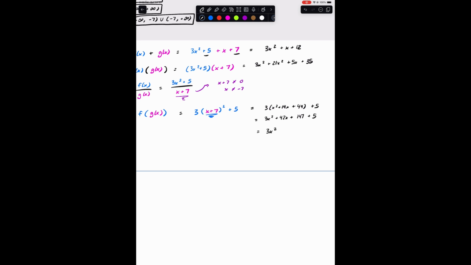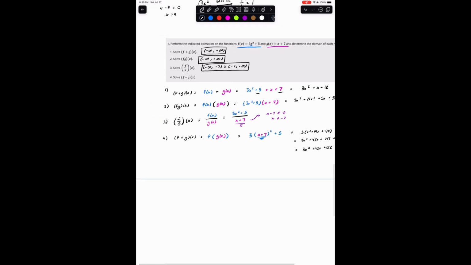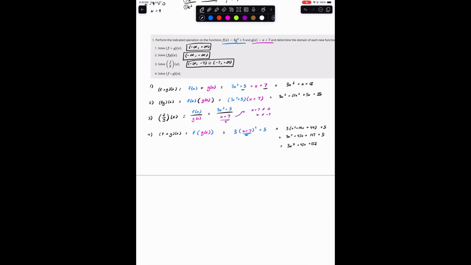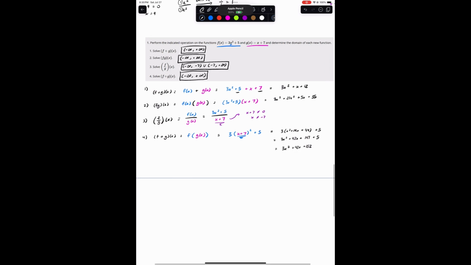And that simplifies down to 3x squared plus 42x plus 152. No denominators, no radicals of even roots, no logarithms with non-positive bases. So our domain will just be everything. So it'll be from negative infinity excluded to positive infinity excluded. Okay, and that is it for question 4.